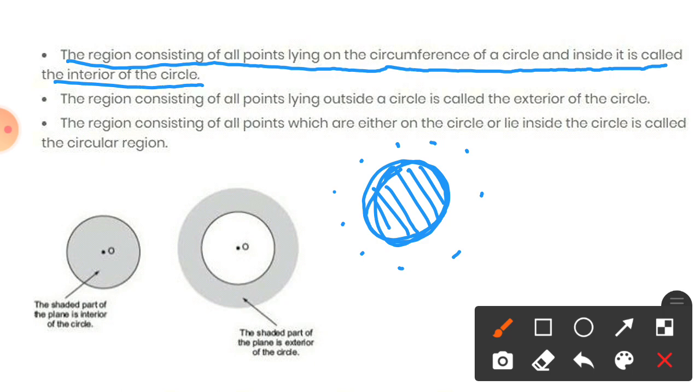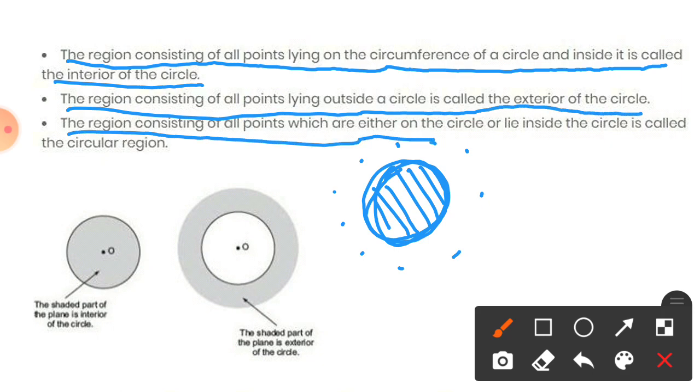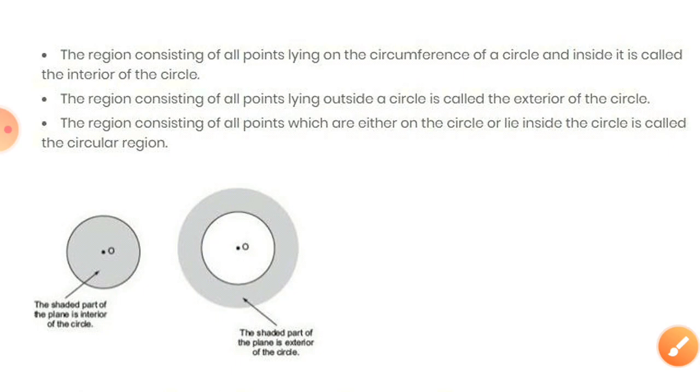First is the interior. The region consisting of all points lying outside the circle is called the exterior. And the region consisting of all points on the circle is called the circular region. So there are 3 types of region: interior, exterior and circular region. Correct? As you saw in the diagram.